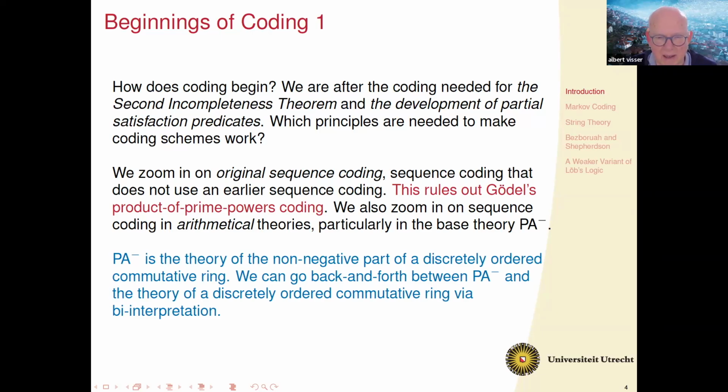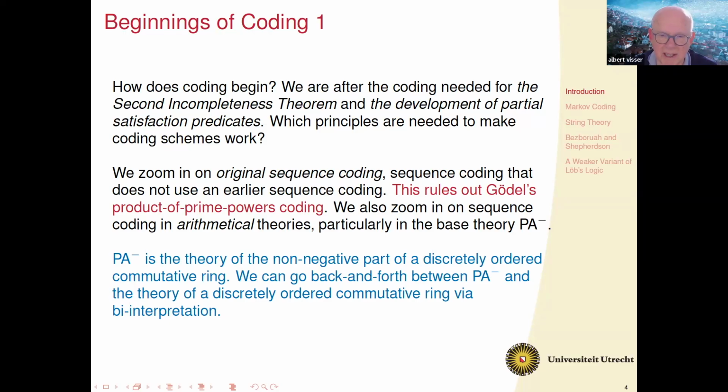Okay, so what is PA minus? Well, you simply start with the familiar concept of a discretely ordered commutative ring, and you simply take the non-negative part. Given that you have the non-negative part, you can construct the ring back by the usual pairs construction of the integers.